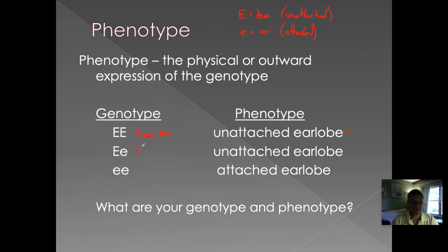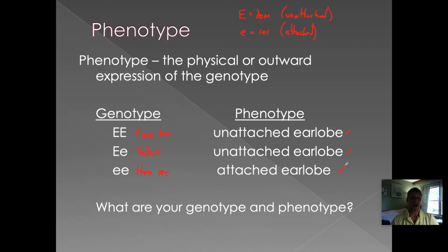This person is heterozygous, meaning that he or she has one copy of the dominant allele and one copy of the recessive allele. But because there's one copy of that dominant allele, the dominant trait will be expressed, and therefore this person will have an unattached earlobe as well. Finally, the person at the bottom of the list here is homozygous recessive. In other words, two copies of the recessive allele. And because they have two copies, they will have attached earlobes.